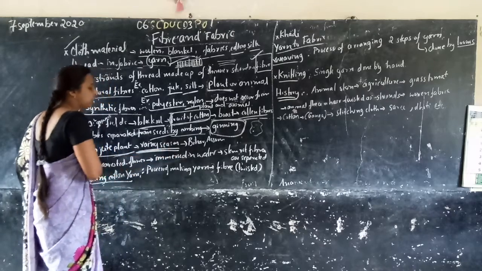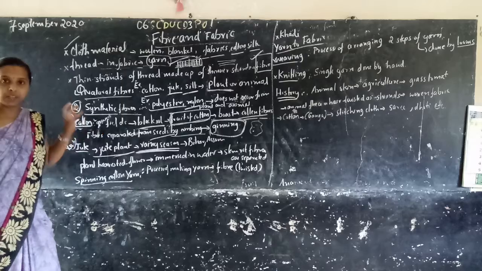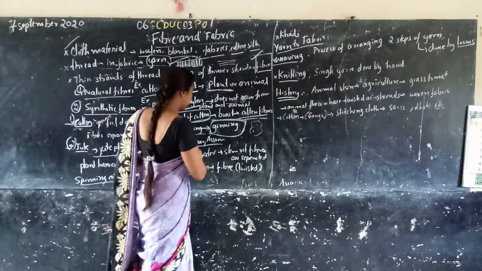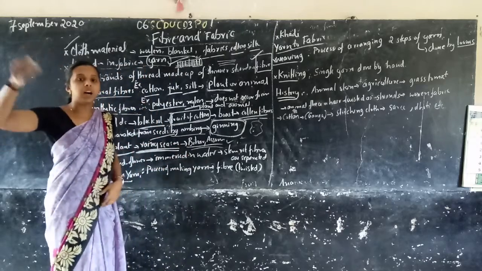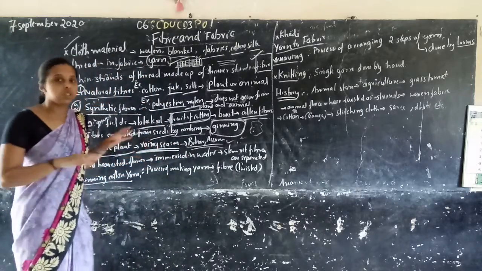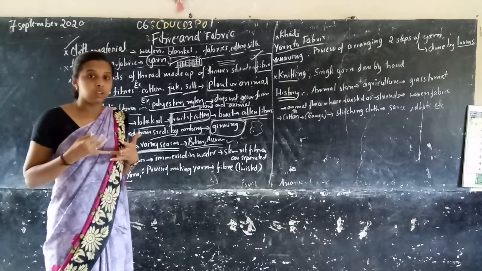Majorly in India, in Bihar and Assam, the North Indian places, jute is always grown. So this is also one of the natural fabrics.